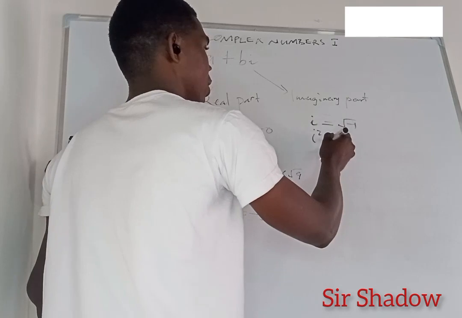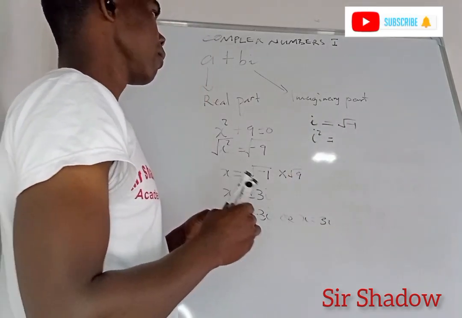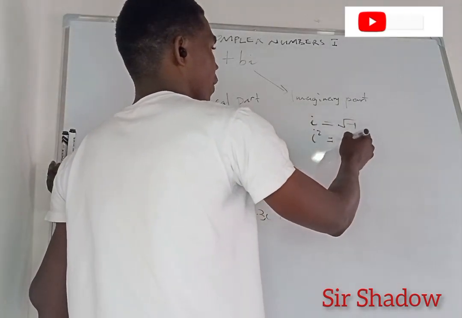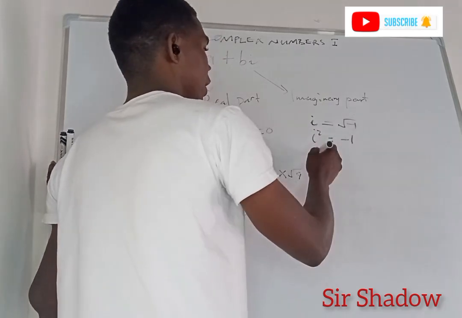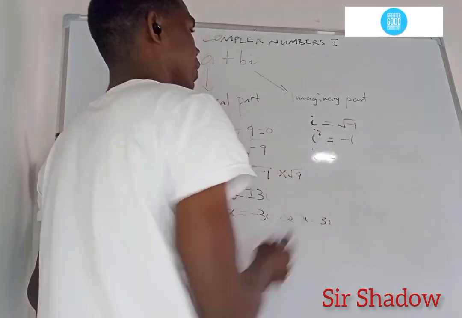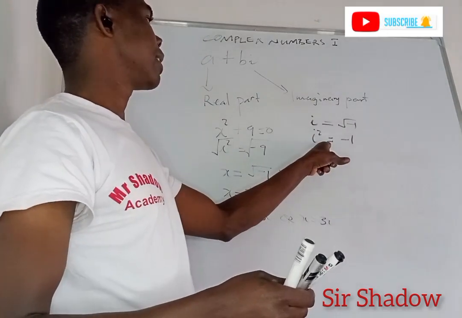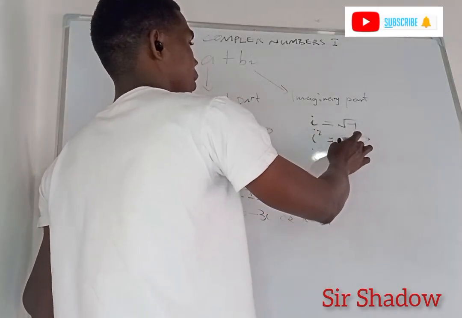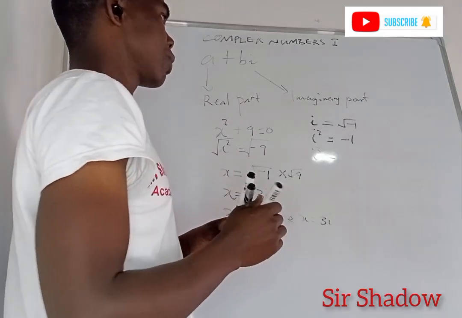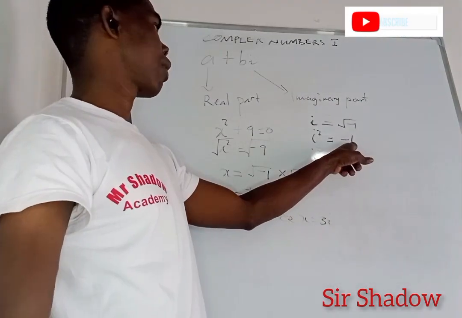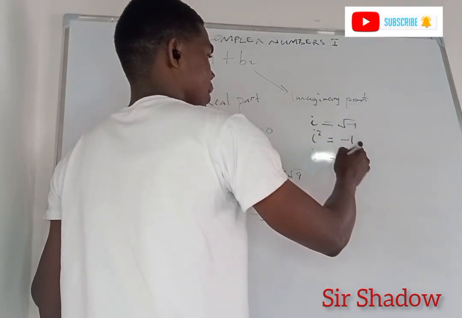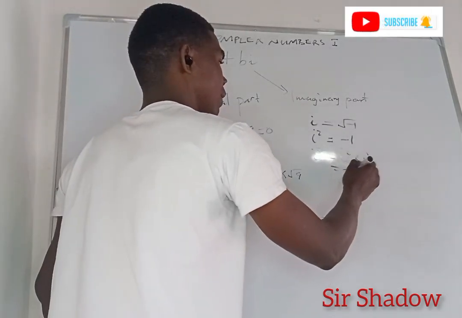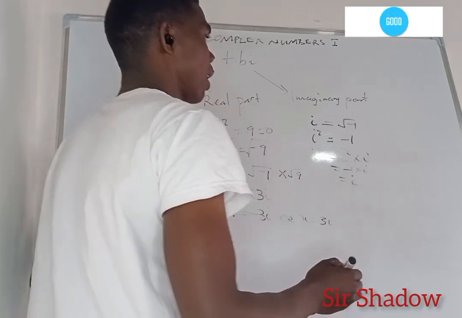Since i is equivalent to root of negative 1, you should also know i squared. i squared is the same as negative 1. Then i to the power of 3 is i squared times i, and since i squared is negative 1, negative 1 times i is negative i.